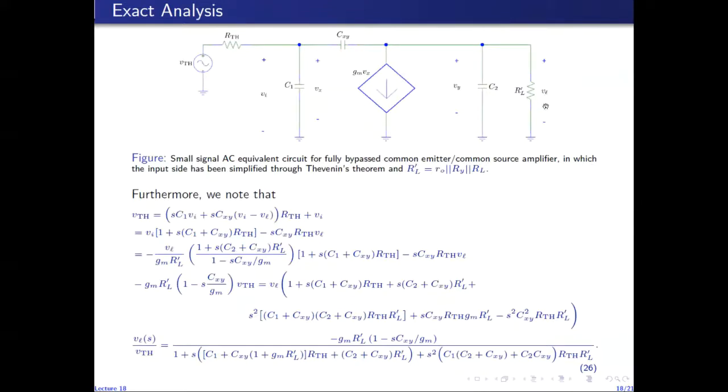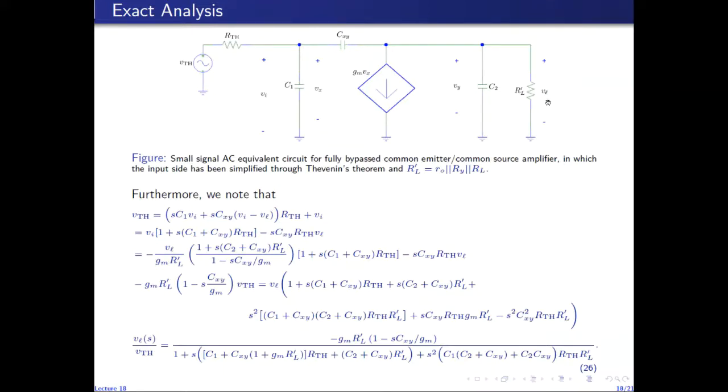We analyze this circuit because at zero, the transfer function goes to zero. Since the transfer function is the ratio of VL to VTh, we analyze this circuit at VL equal to zero. So instead of doing all of this mathematics, we simply analyze this circuit at VL equal to zero.